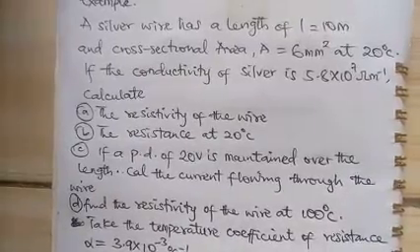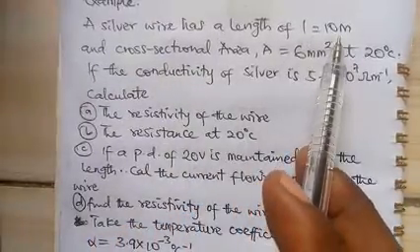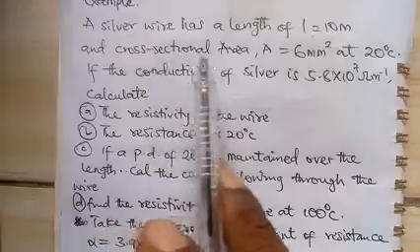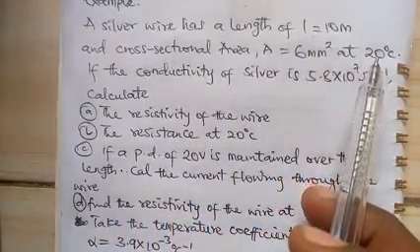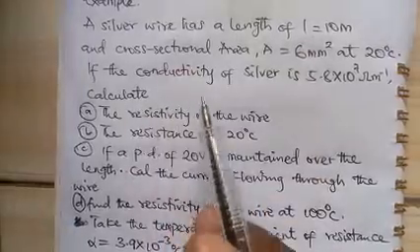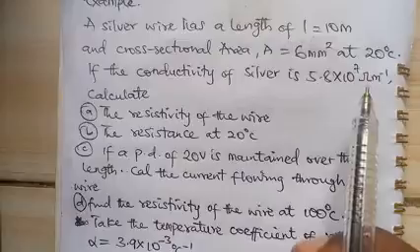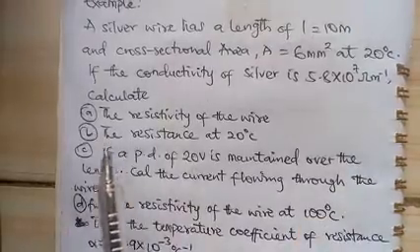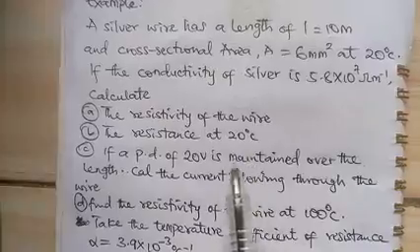Now let's look at some examples. A silver wire has a length L equals 10 meters and cross-sectional area A of 6 millimeters squared at 20 degrees Celsius. If the conductivity of silver is 5.8 times 10 raised to power 7 per ohm meter, calculate: A, the resistivity of the wire. B, the resistance at 20 degrees Celsius.